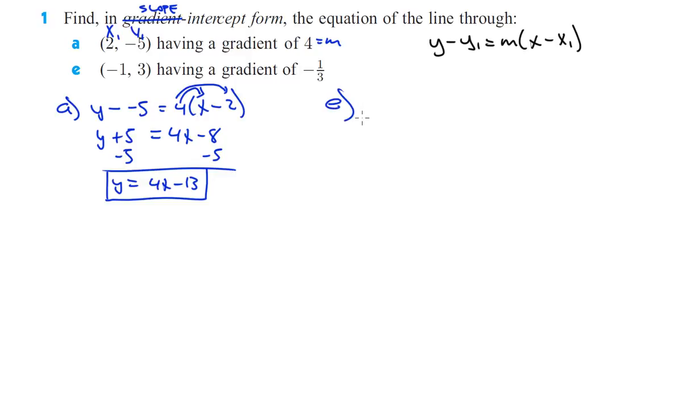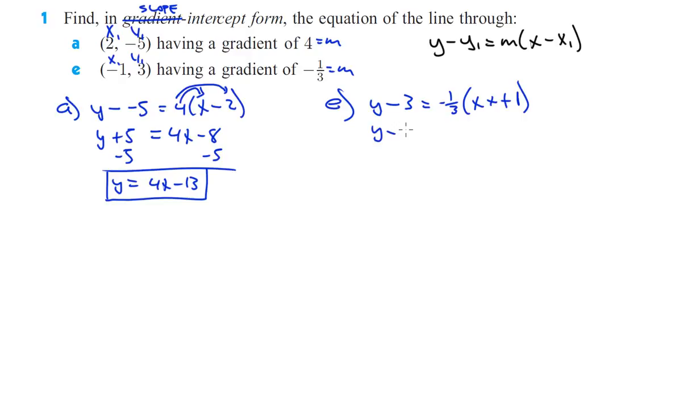E, same idea. There's our x1, there's our y1, and there's our slope. So we'll do y minus 3 equals -1/3 of x minus -1. Okay?